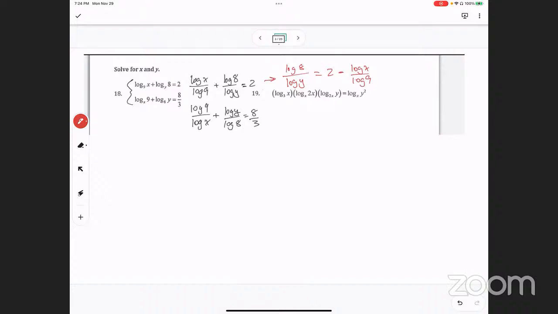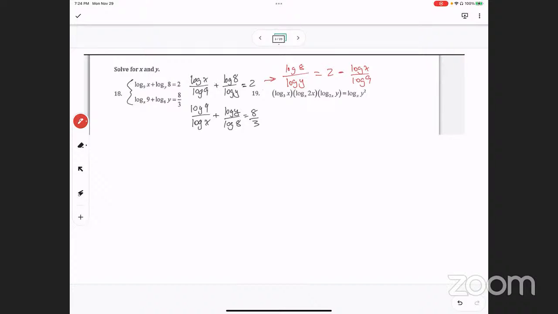Okay. And now I'm going to flip it so I can substitute it in. But I'm going to be careful when I do that.